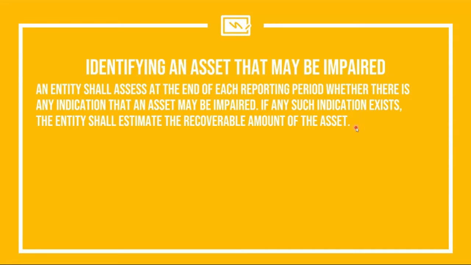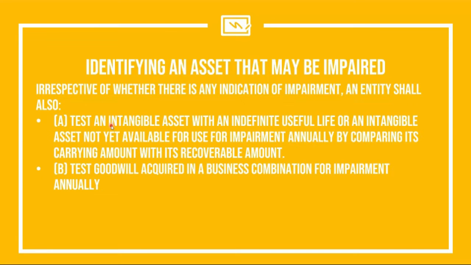So it is required from all entities to determine whether impairment exists on all assets covered by IAS 36. And it will be done on an annual basis. So at least annually, there should be an impairment testing, or a determination of impairment.